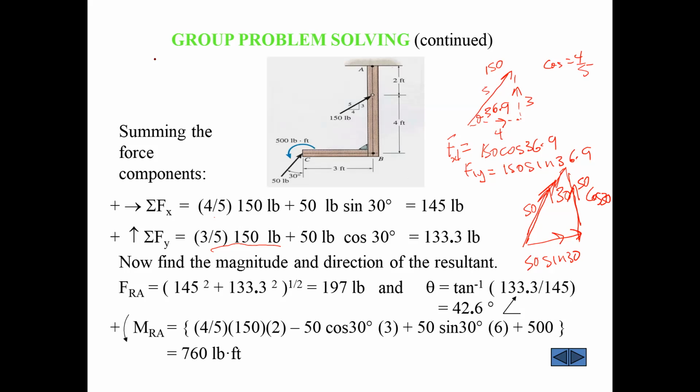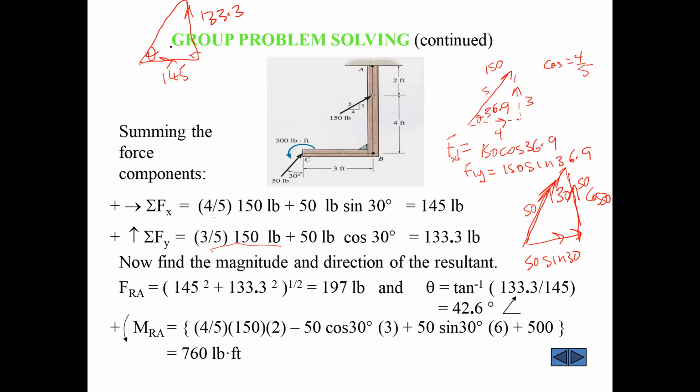Again, you look at the X and Y components. One is 145, and the next one is 133.3, at right angles to each other. Now you need to find the angle subtended to it.